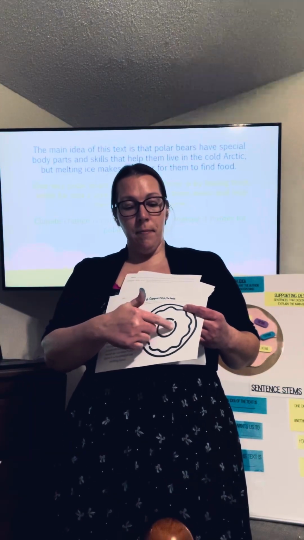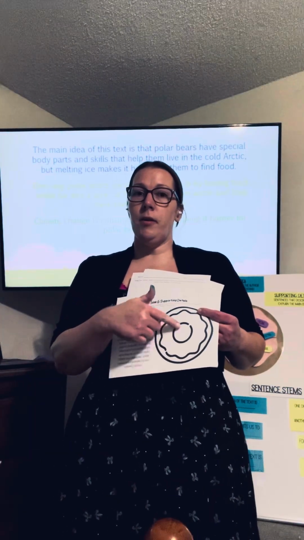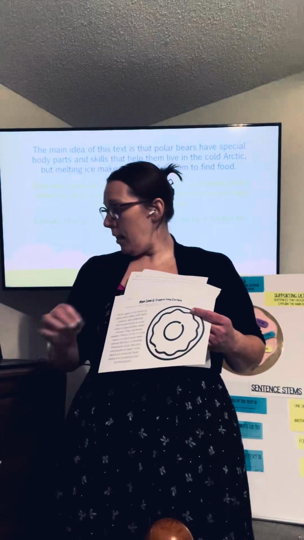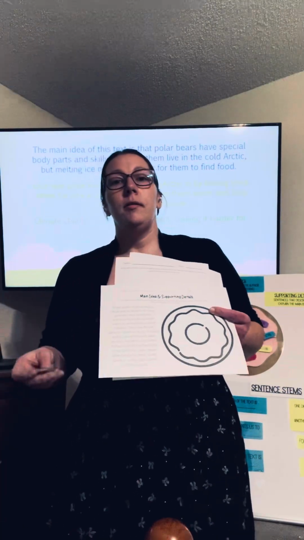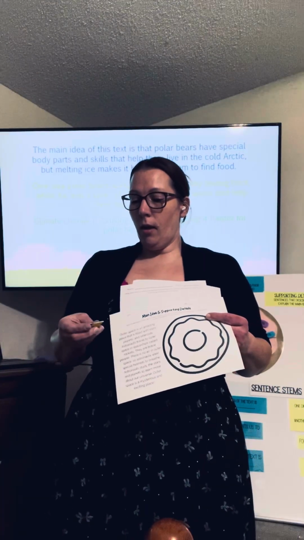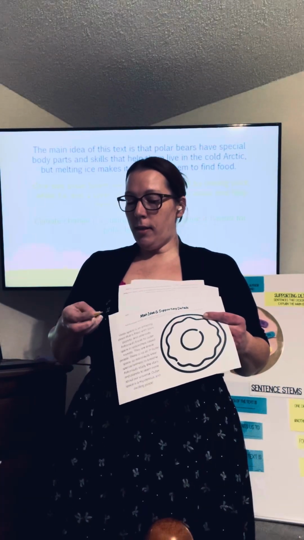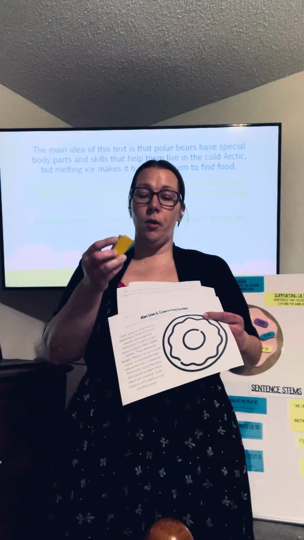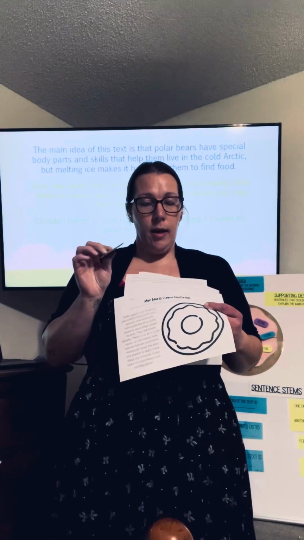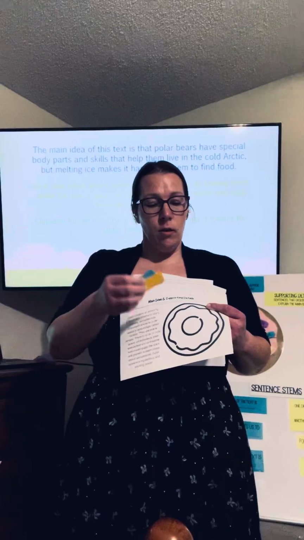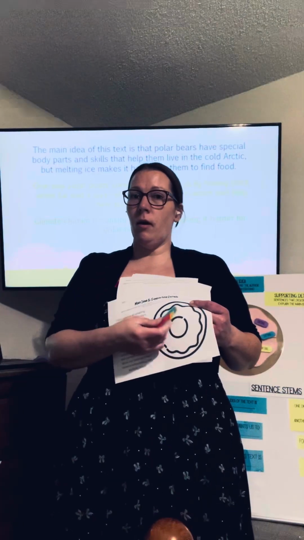And you're going to write the main idea in the middle of the donut. And then you're going to come up with some supporting details, and you're going to write your supporting details on these little colorful pieces of paper. These are going to be our sprinkles. And when you're done writing, you can tape your sprinkles onto your donut.